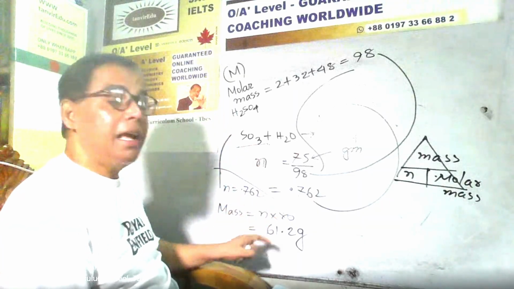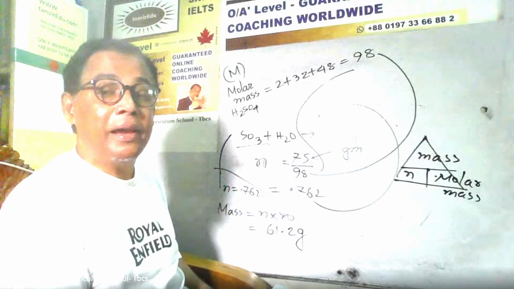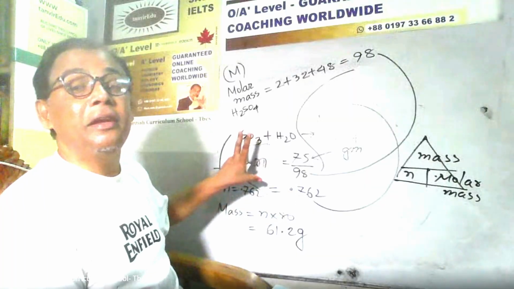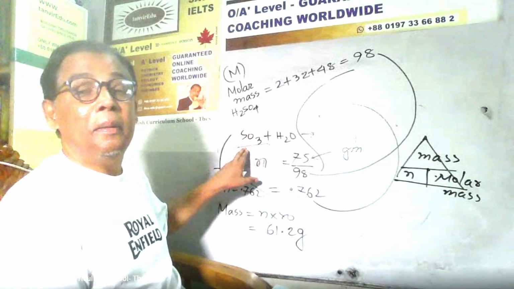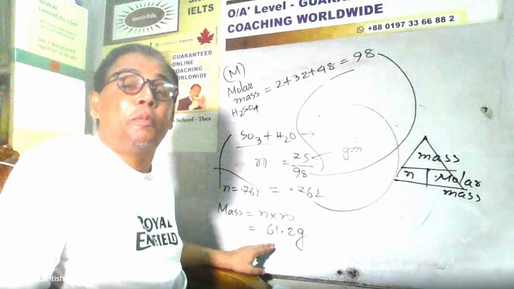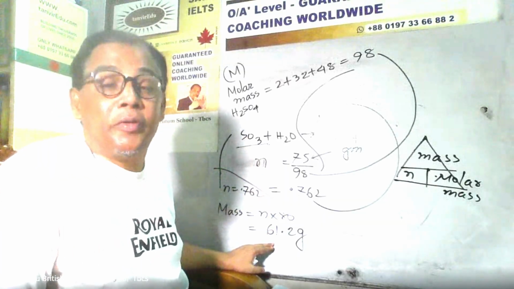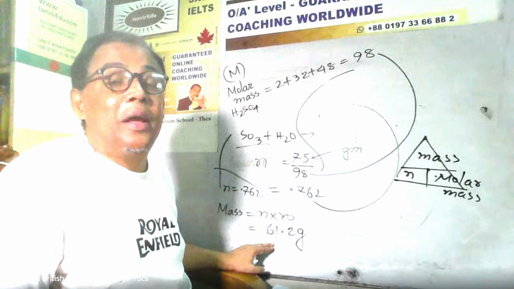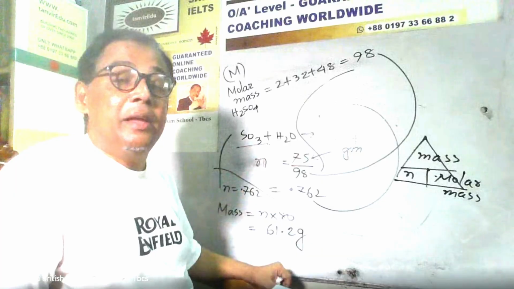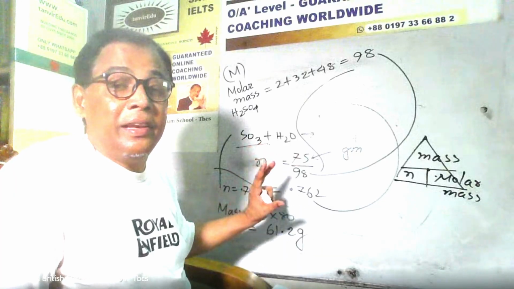So these have to be multiplied, and after multiplication, you will get the mass of sulfur trioxide as 60.96 gram.